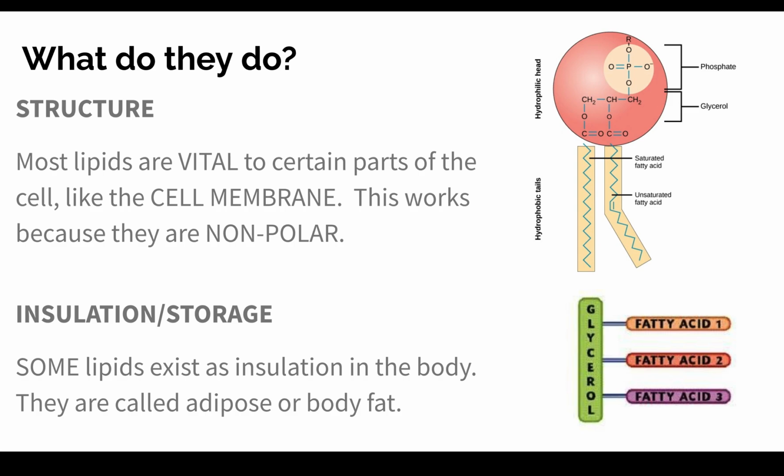And as far as this polar non-polar thing, we'll talk about it a little bit later. And it kind of describes how the cell membrane works. But for now, we just need to know that lipids provide structure. Okay. And so, specifically in the cell membrane of every cell in your body, it's made up of lipids. Okay. And that is what allows your cells to function as they do.